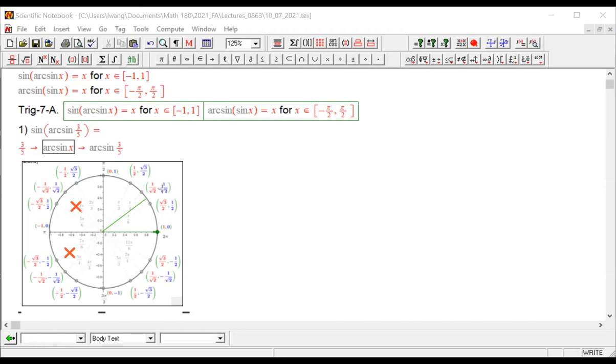And 3/5 also tells me this is the point on the unit circle, on the existing unit circle as we have constructed. This is the point crossing the unit circle.